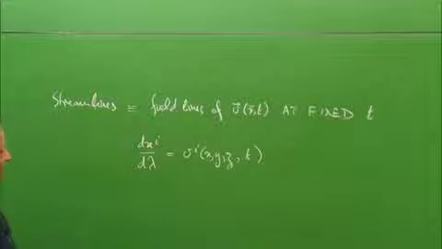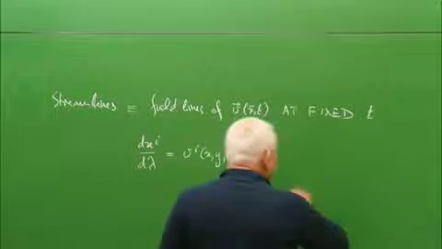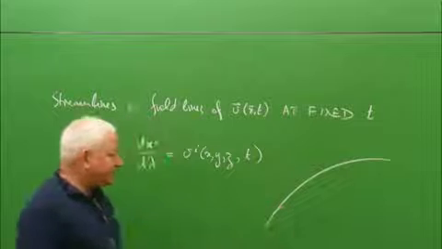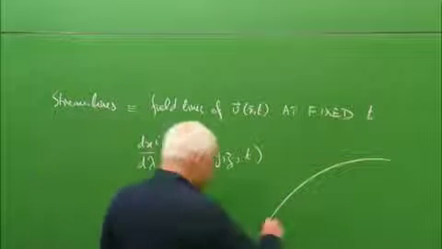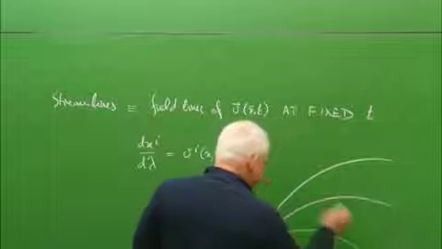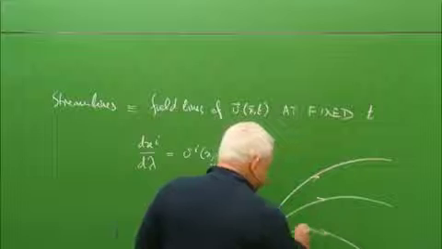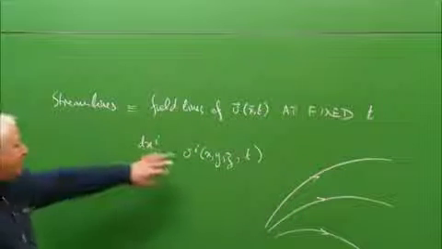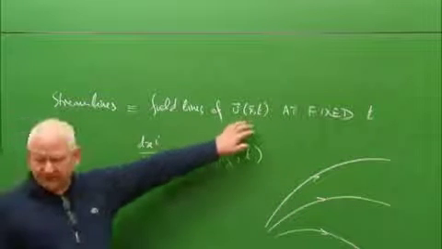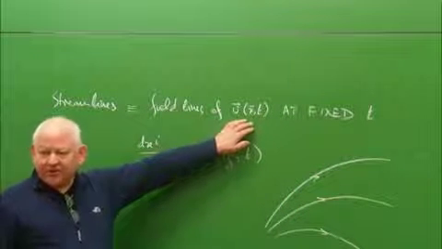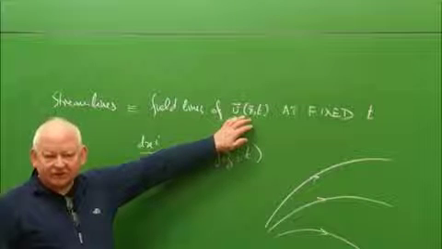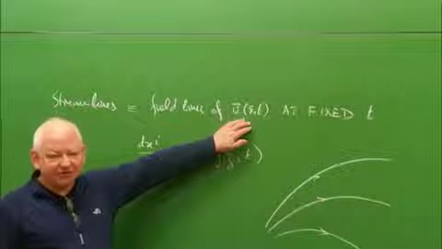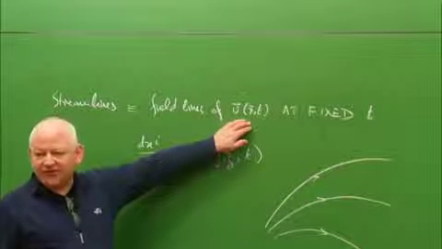And this gives you a set of curves in a snapshot at fixed time of the fluid. The curves tell you something about the structure of the velocity field. It doesn't tell you how the fluid moves. It tells you the structure of the velocity field at this fixed time.